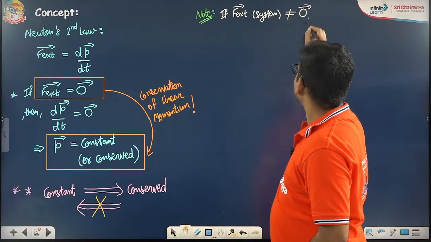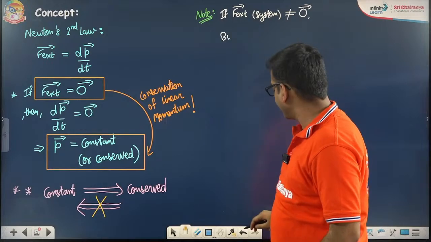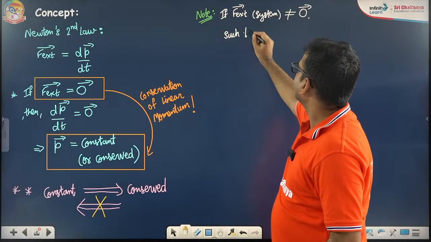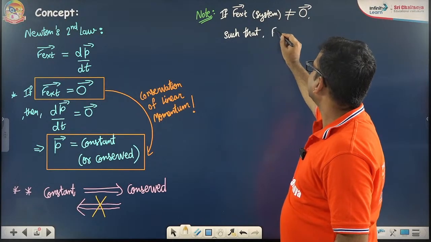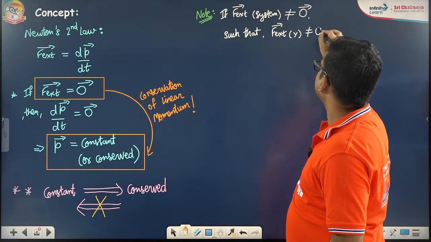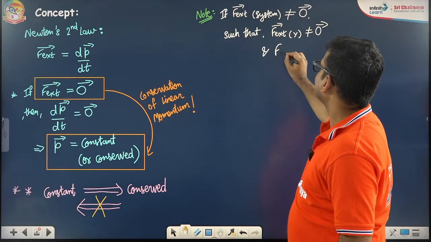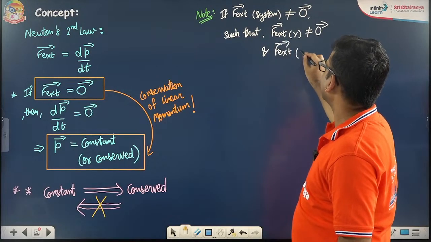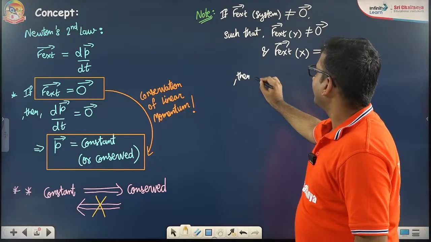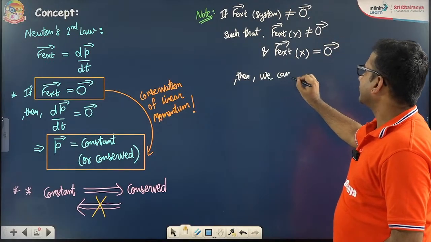But if the external force in the vertical direction is non-zero and the external force in the horizontal direction, x-axis, is zero, then we can still conserve.